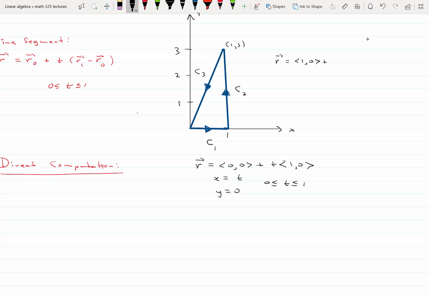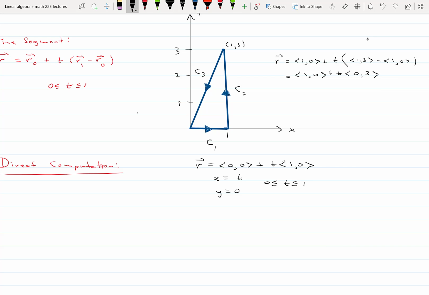So plus T times 1, 3 minus 1, 0, or the vector 1, 0 plus T times, let's see, 1 minus 1 is 0, 3 minus 0 is 3, T times 0, 3.